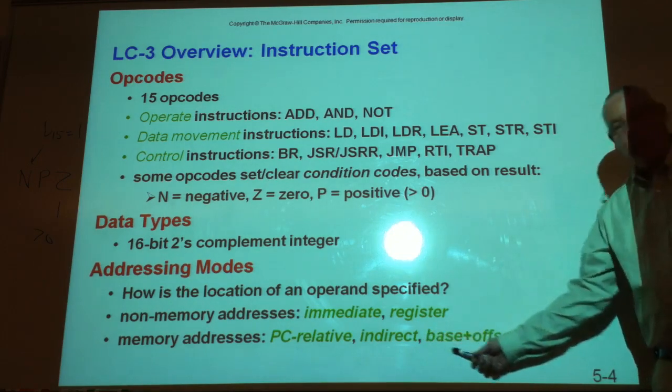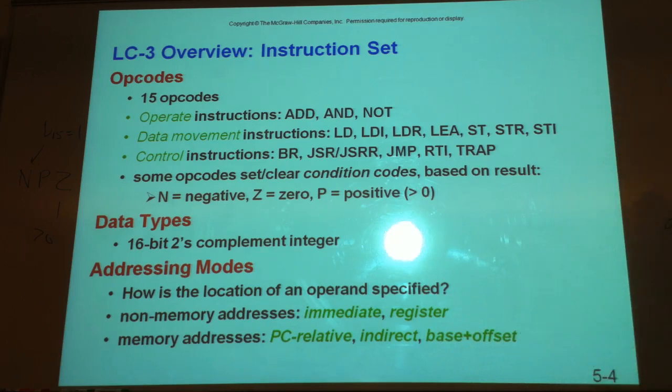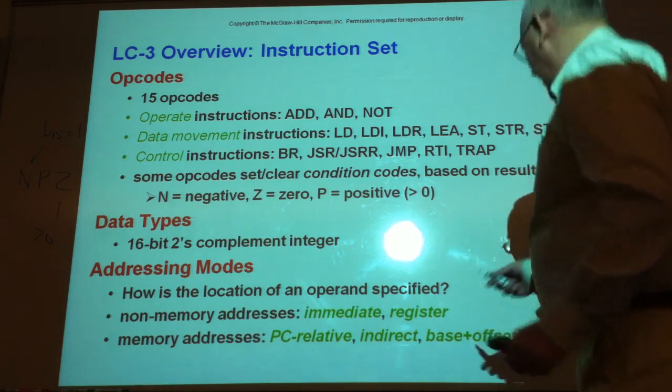What would you use base offset for, guys? Think about that. You guys program in a high-level language. You could say counter, but it's not called a counter. It's called an index, right? This is how you make an array.